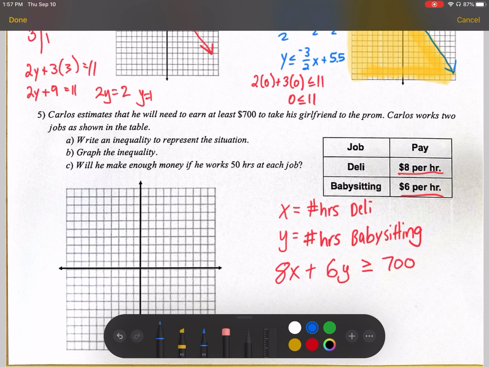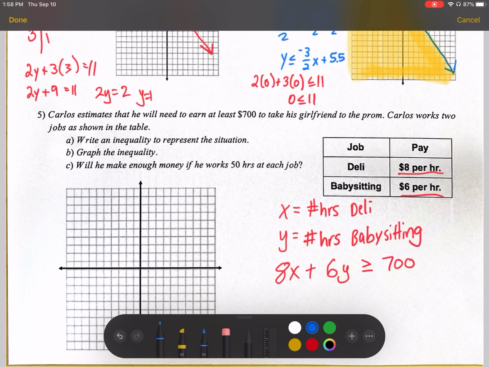And then we're going to graph this. In this case, because these numbers are so big, it actually would probably be easier to do an x and a y-intercept.